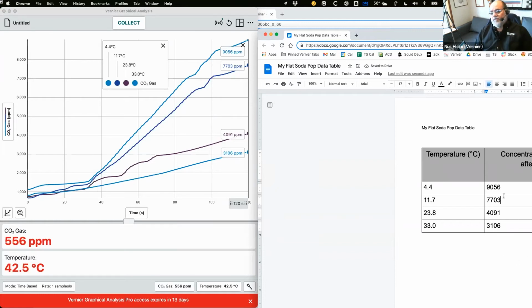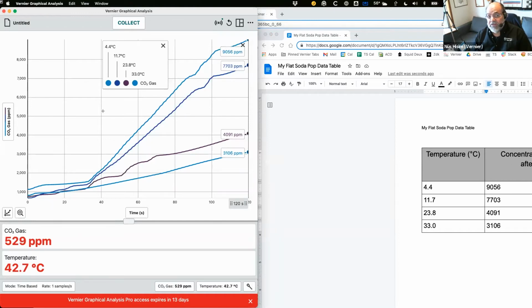Okay, so that is all data that we can take from the graph that we created. Now, at this point, if you want to keep a record of this, this would be the perfect time to do that. Okay, go to the file menu and do a save.